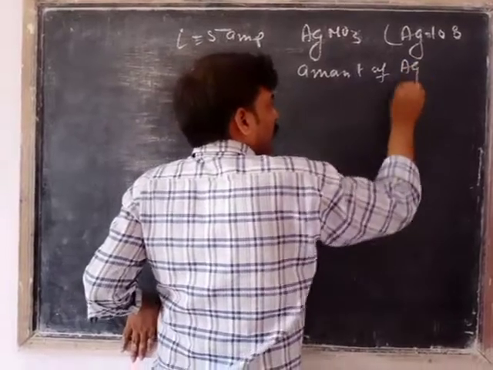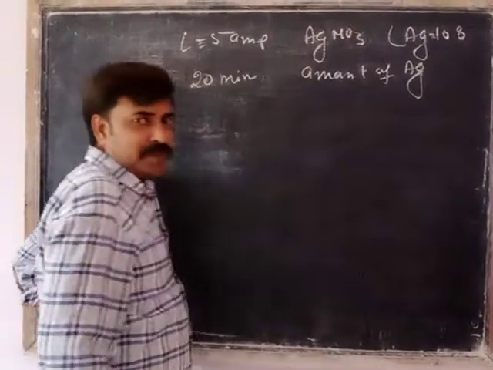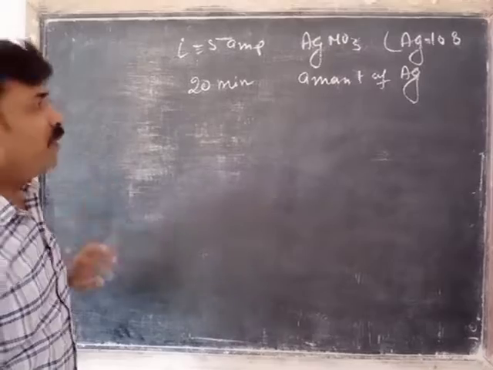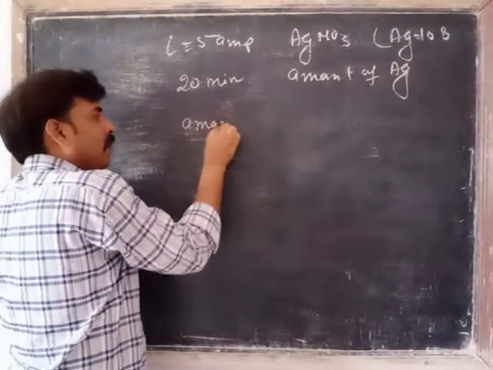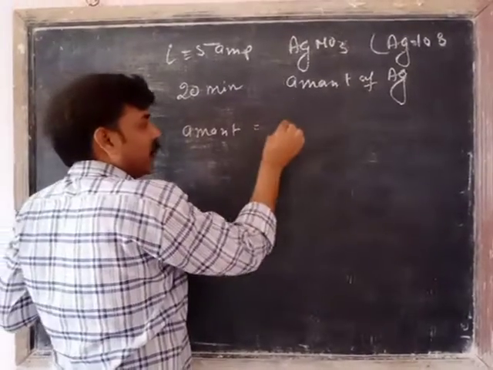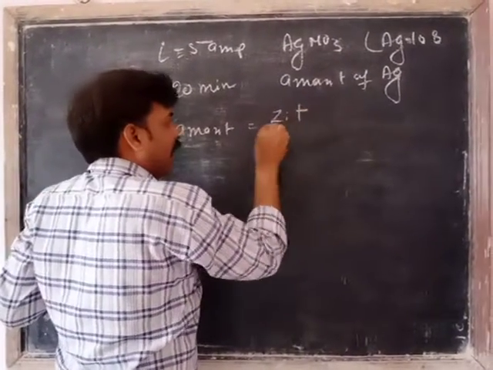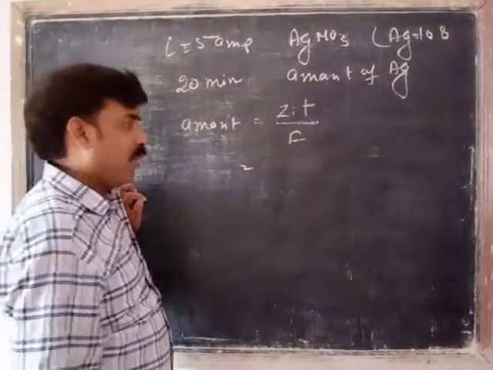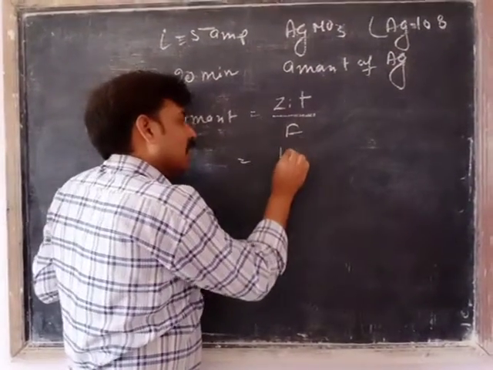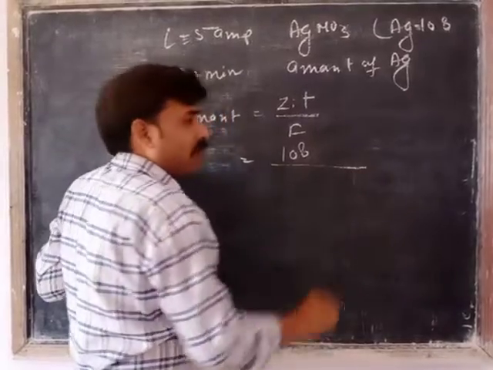So when we see the formula, the amount of electrolysis equals ZIT upon F. The Z is the equivalent weight, that is the atomic mass of silver upon the n factor.